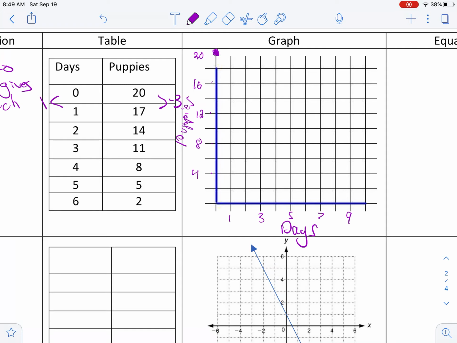So I'm going to start with 20 puppies and lose 3 each day. So then we'll have 17. And then on day 2 we have 14. On day 3 we have 11. Yep, 1 less than 12. And then we'll have 8, and then we'll have 5, and then we will have 2, and then we run out of puppies.